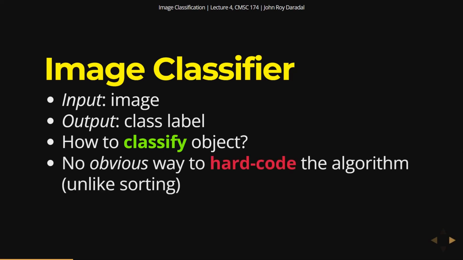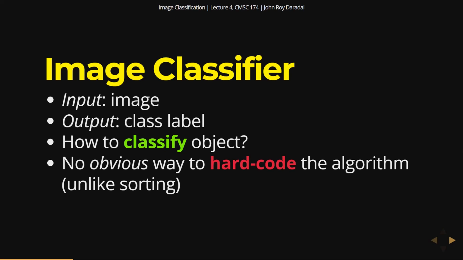There is no obvious way to hard code the algorithm, because even if we have template objects of the classes, based on the challenges that we showed earlier in the previous slide, it would be difficult to just look for a certain class in general. So there's no obvious way to hard code the algorithm.